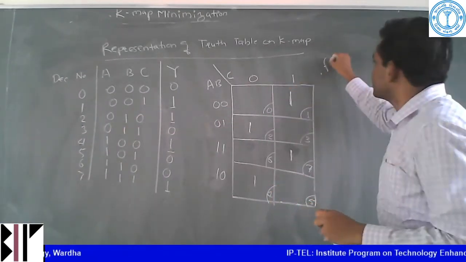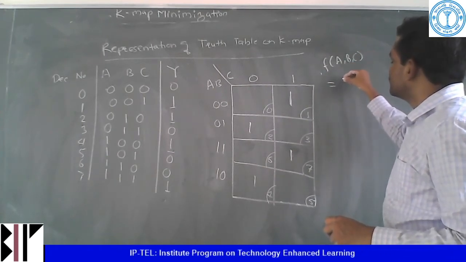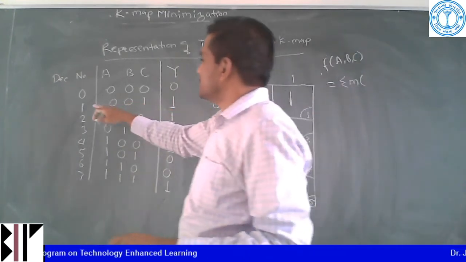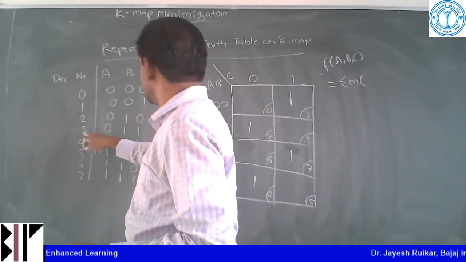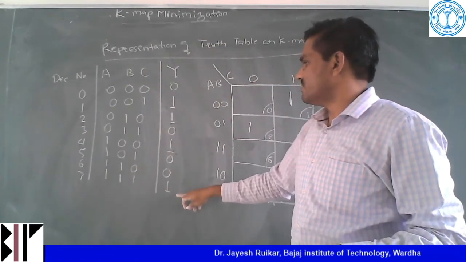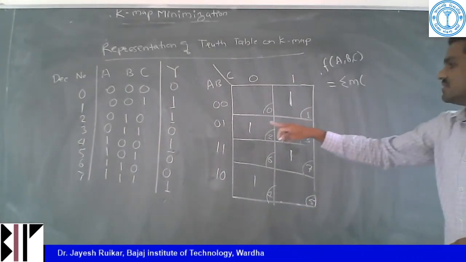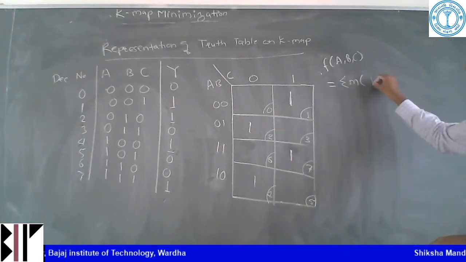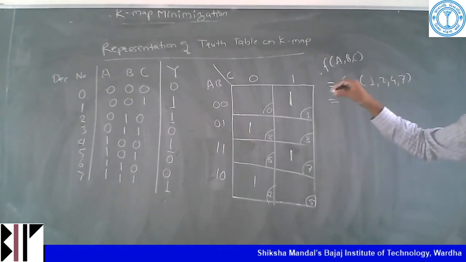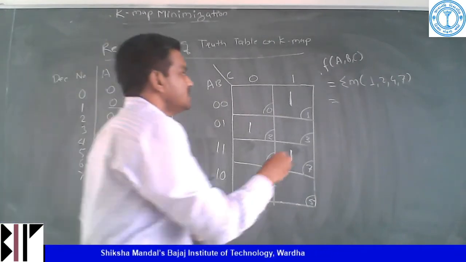So I will write the function of a, b, c equals summation m, 1, 2, 4 and 7. So for 1, a bar b bar c.